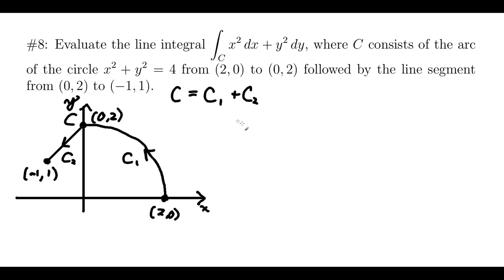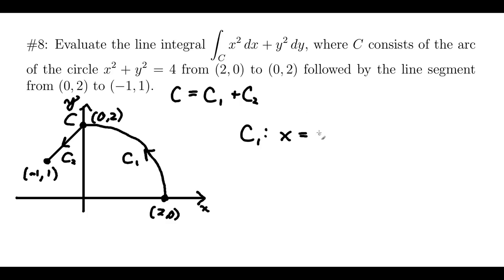For the first part, for C1, again, this is an arc of a circle. Its radius is 2, so we expect to use twice the cosine of something and twice the sine of something. We're starting here on the x-axis and moving upward in this counterclockwise direction, which means that it would be natural to use the usual parameterization where cosine is associated with x and sine is associated with y.